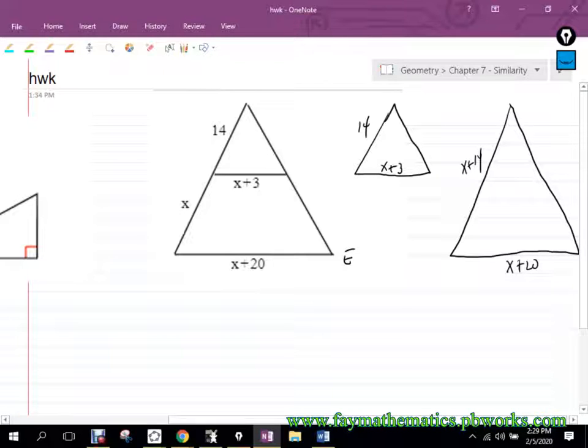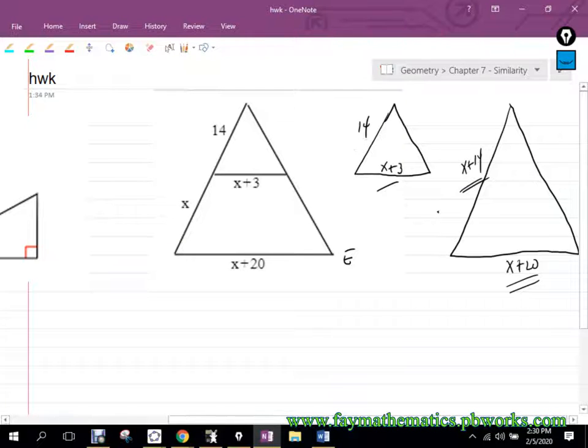Because remember I said largest has to go with largest, smallest with smallest, right? Do you know which one of these is the largest? Does that kind of make sense? Because they're algebraic expressions in 3 of the 4, you don't know what's the largest segment, what's the smallest segment. So I don't think that process is really available to us.